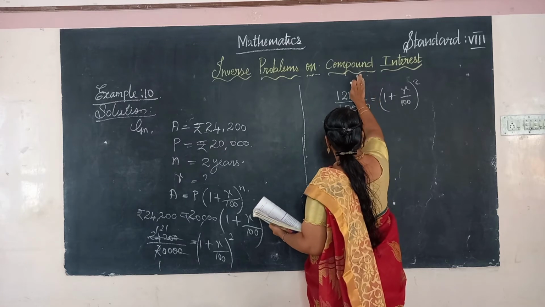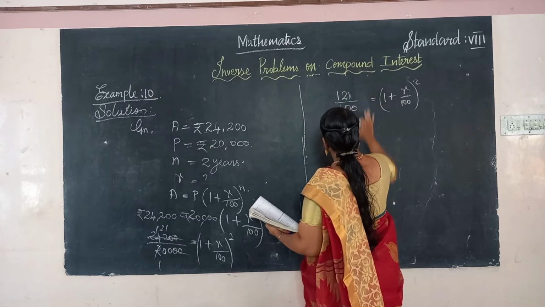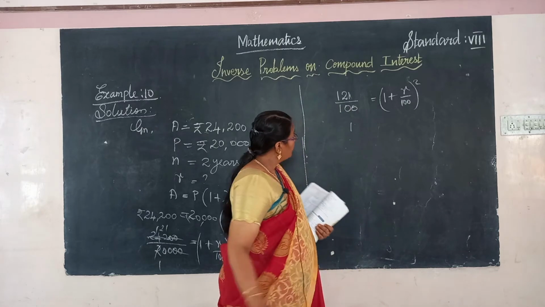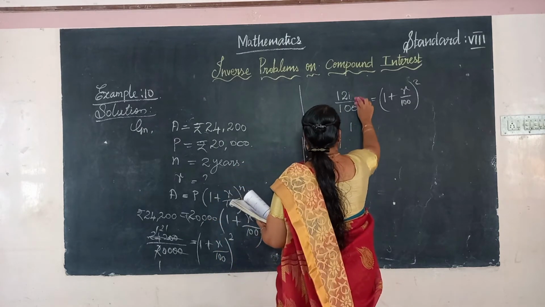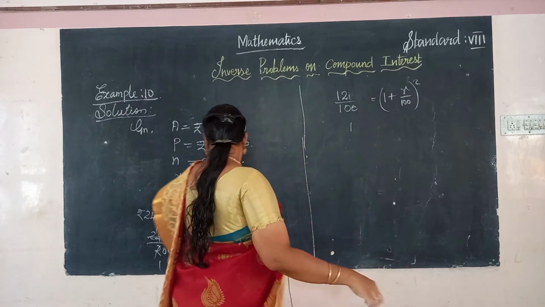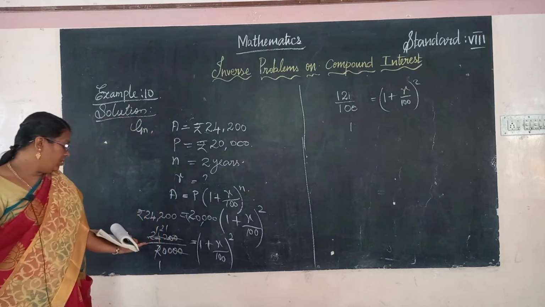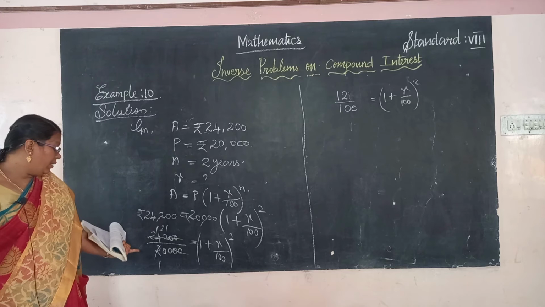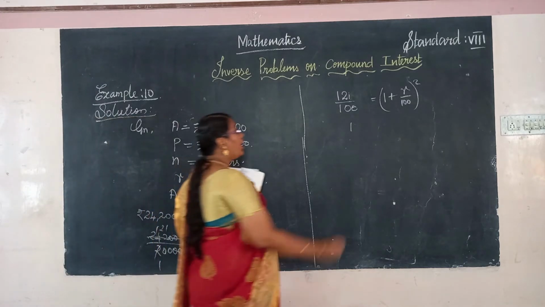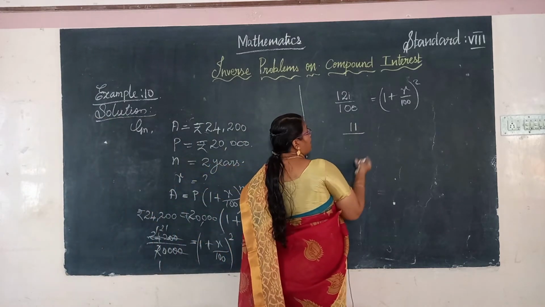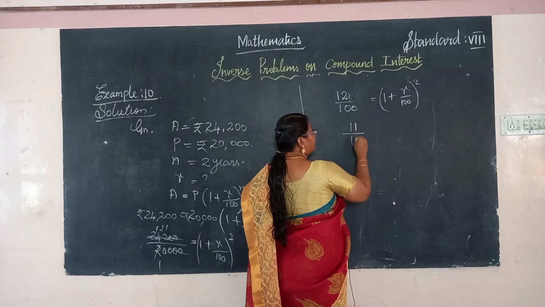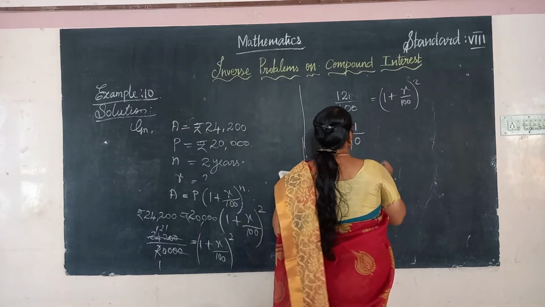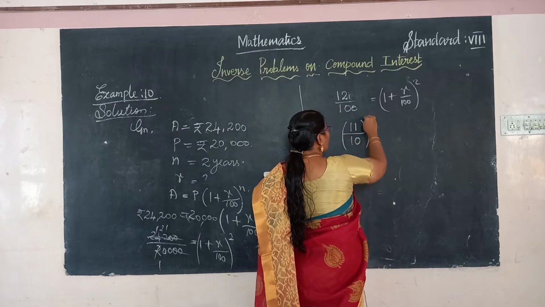What remains is, 2 0 also cancel here. So 121 by 100. 121 can be written as 11 by 10, 11 by 10 the whole square.